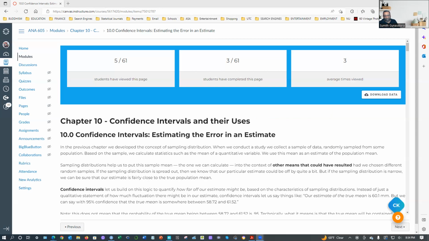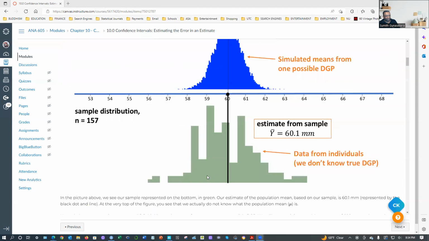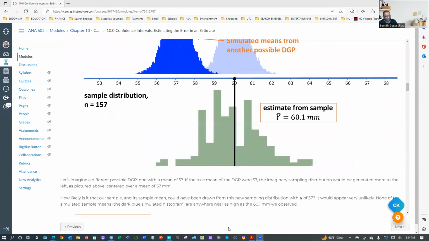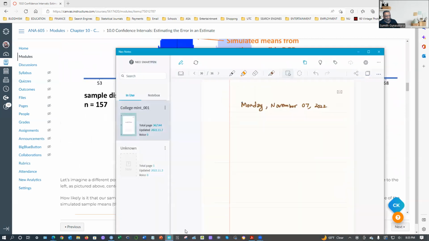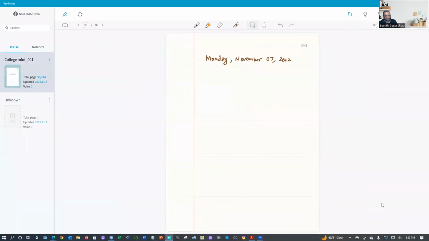Why do we really need to do that? In this Chapter 10, they talk about why we really need to do that. So let's look at how this can be built up piece by piece.